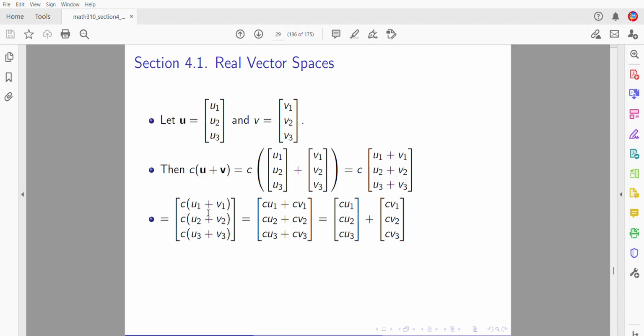C, multiplication over reals, is distributive over addition. So it splits. Then finally this vector splits into the sum of two vectors, and then you can get the scalar out in each case. So C times (U + V) is CU plus CV.